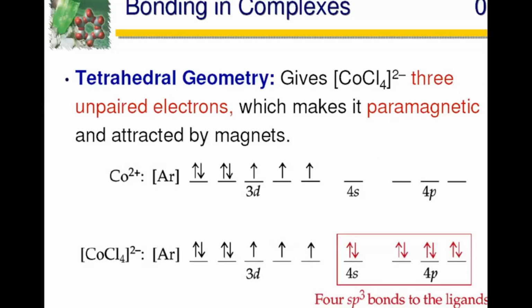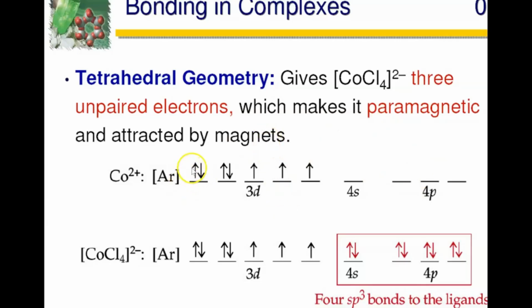For the first geometry, which is the tetrahedral, we will look at how to draw it. The first example is CoCl4 2-, where the complex has 3 unpaired electrons.